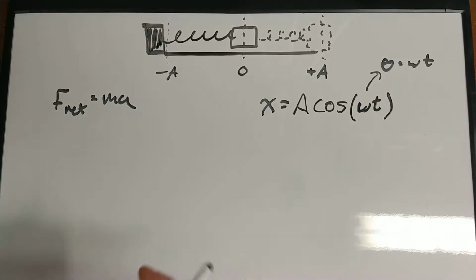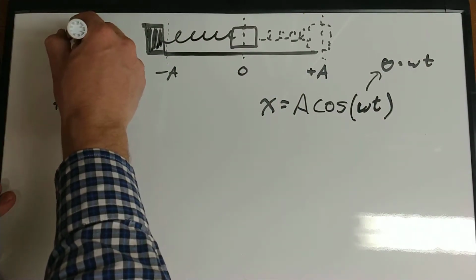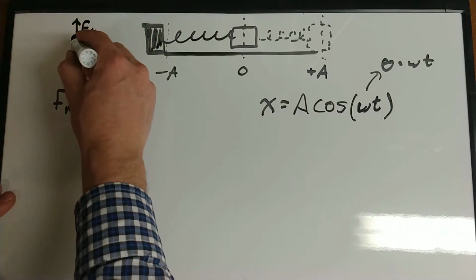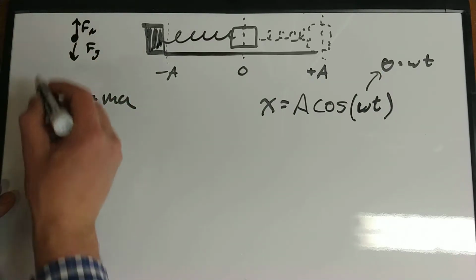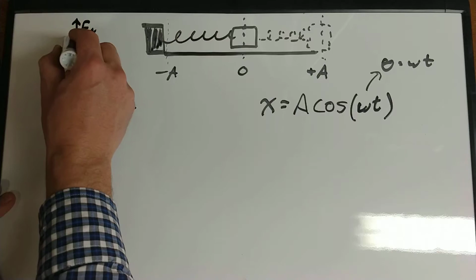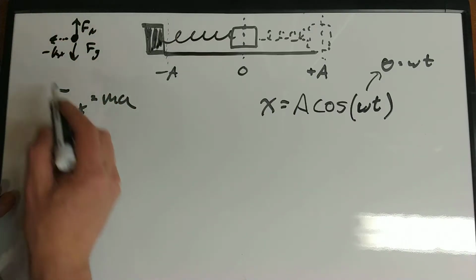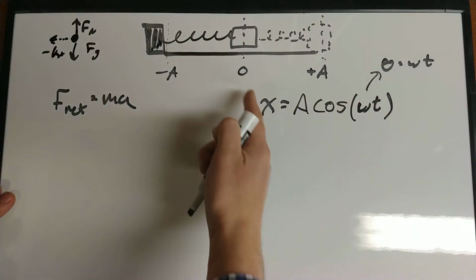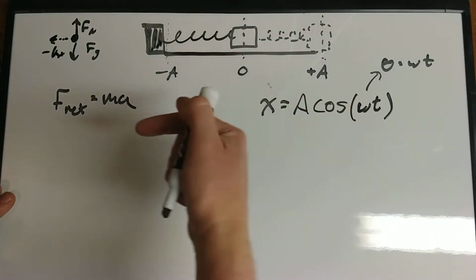Okay, so first we figure out the forces acting on the mass, and if I draw a little force diagram here, we have the normal force, the force of gravity, and this one here, Hooke's law, negative kx, where x is the position vector. So when it's to the right of the equilibrium position, the force is negative.